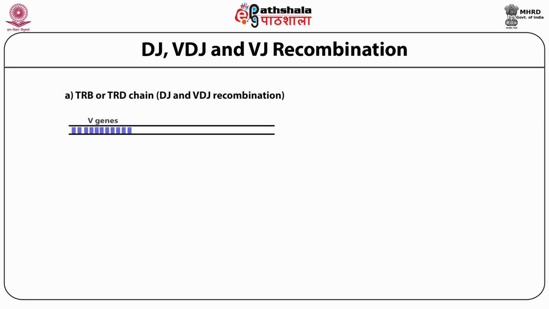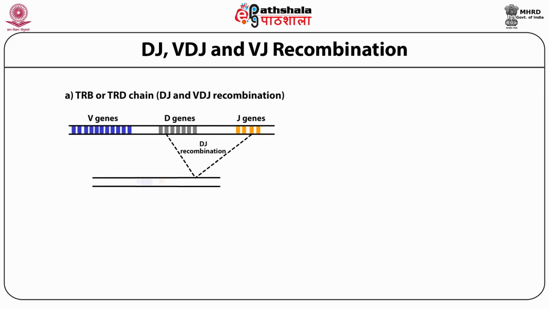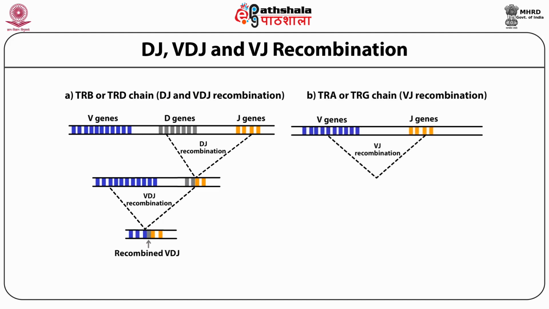As illustrated in the figure, the TRB and TRD loci contain V, D, and J genes and undergo two separate recombination events. One event links D gene to J genes and is called D to J or DJ recombination. The other event links the rearranged DJ genes to V genes and is known as V to DJ or VDJ recombination.